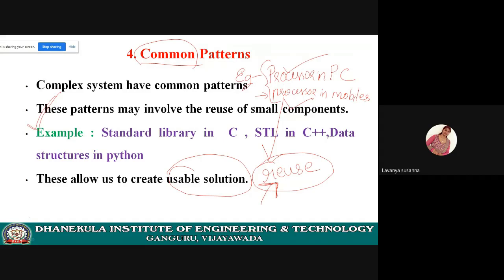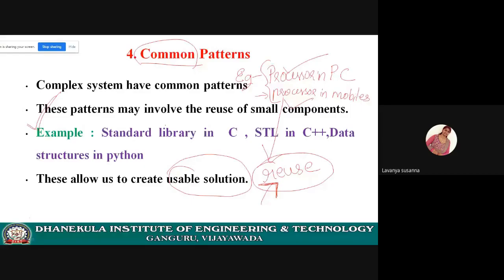Again, no need to develop it. You can reuse the already developed component, the processor, no need to develop from scratch. Once again, see the PPT. You will understand.